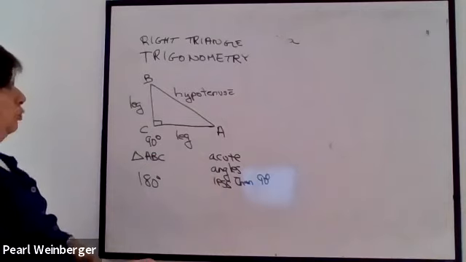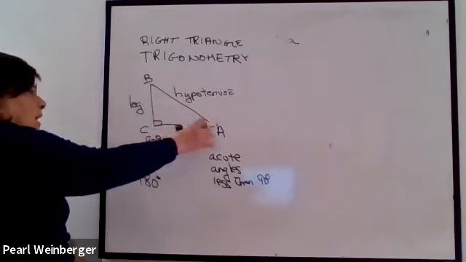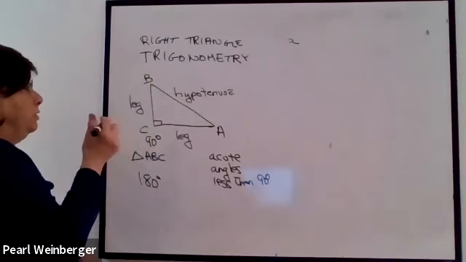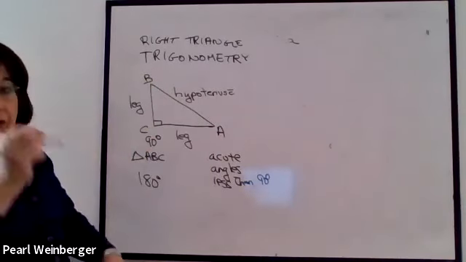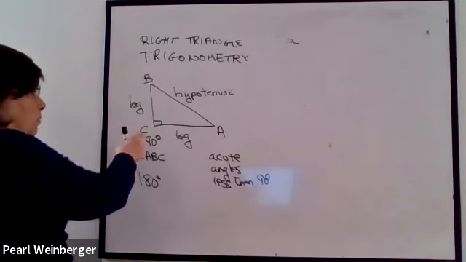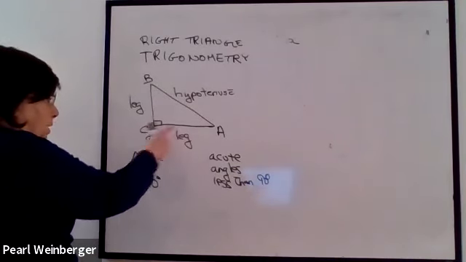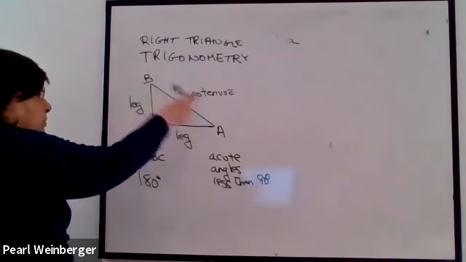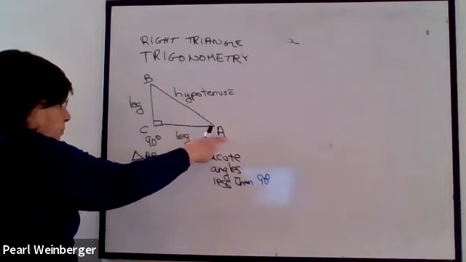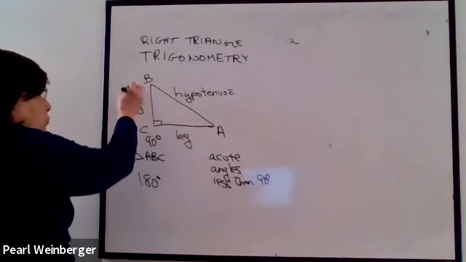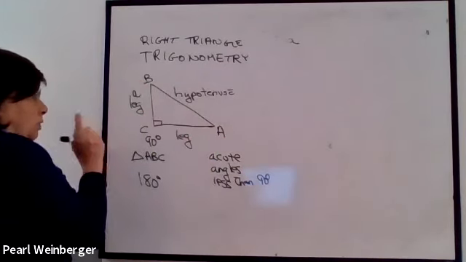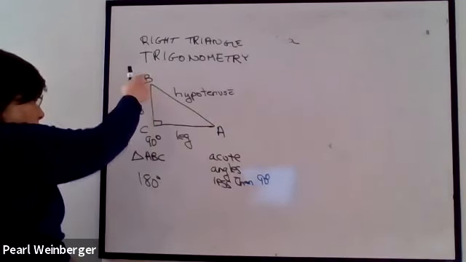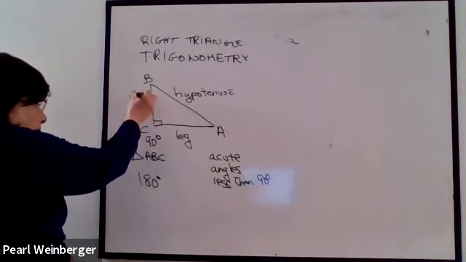So what we do is if we use the capital letters for the angles, we're going to use lowercase letters for the sides, and we're going to do it in a very precise way. This leg here happens to be across from angle A, so we call this small a. Remember, using lowercase letters for sides. This side, the side that goes from B to C, is called side a.